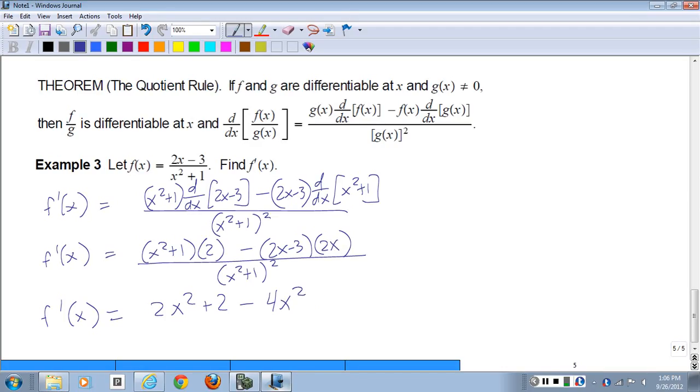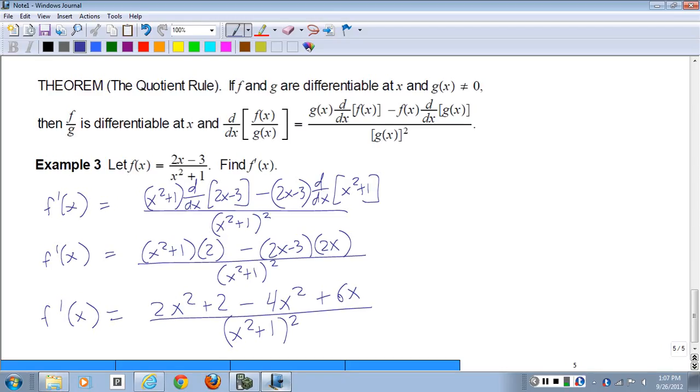And then it ought to be plus whatever 3 times 2x is. Maybe it'd be good to think of it as negative 2x times negative 3. It's going to be plus 6x. Everyone feel good about plus 6x there? Yeah. So x squared plus 1, quantity squared in the denominator.